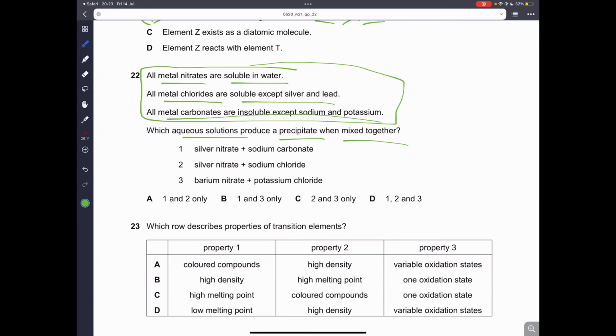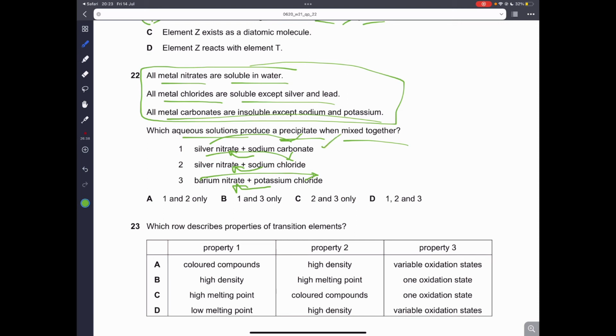So silver is going to form silver carbonate and sodium nitrate, silver chloride and sodium nitrate, barium chloride and potassium nitrate. So let's look at number 1, sodium carbonate. Remember, all carbonates are insoluble, which means it does produce a precipitate.